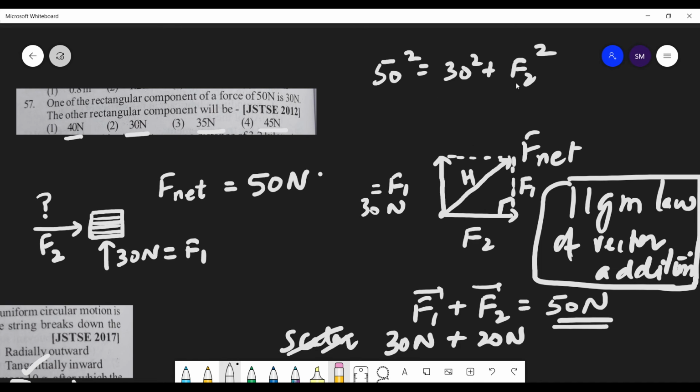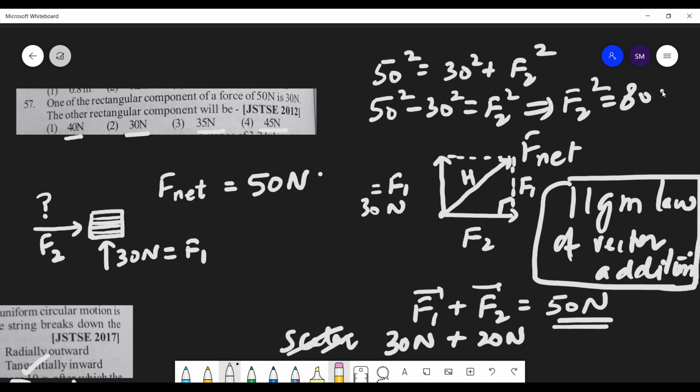So tell me, how much is F2? 50 square minus 30 square is equal to F2 square, isn't it? Using A square minus B square, A plus B, A minus B, you get F2 square is equal to 80 into 20, so that's 40 into 40.